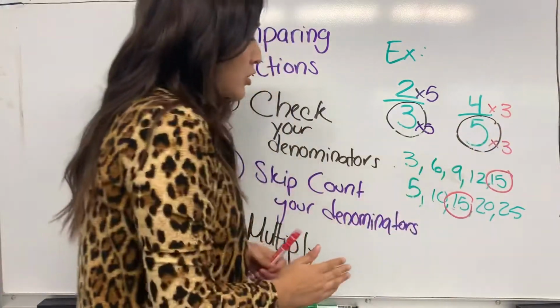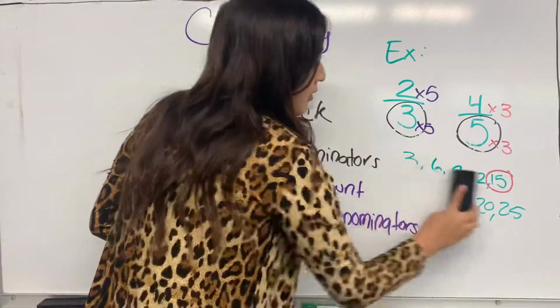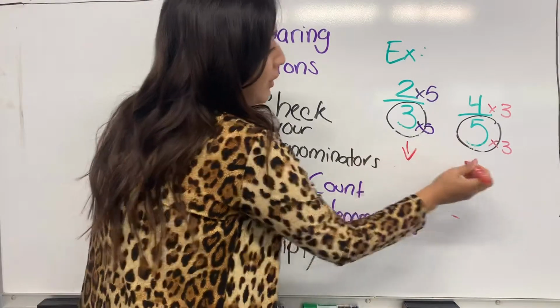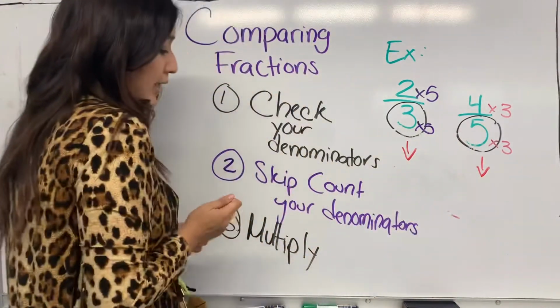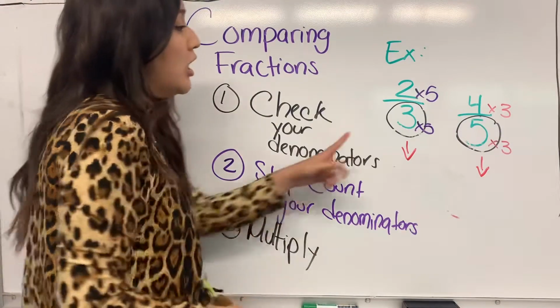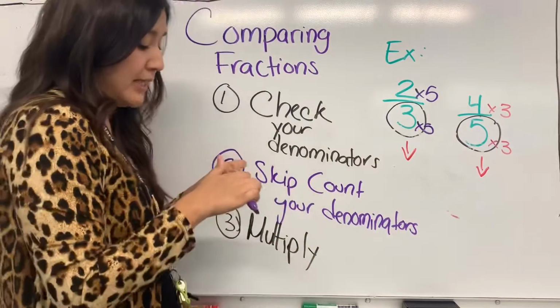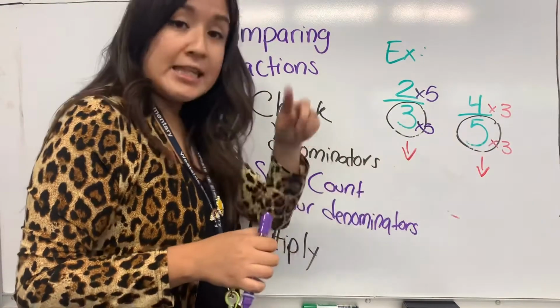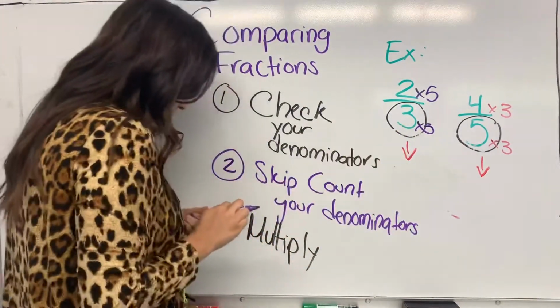Okay? So I'm going to erase this really quick. I'm going to find out what my new fractions are. Okay? Remember, we wanted to find a common denominator. They wanted to be the same denominator. They were different before. Now we're multiplying it, so we end up with the same denominator.